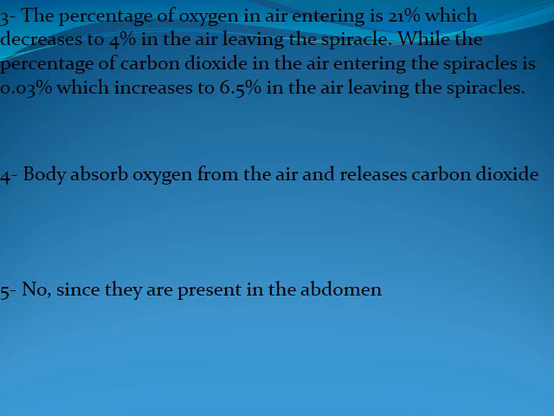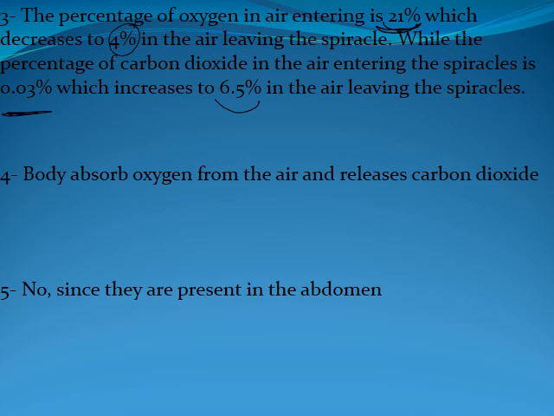Regarding the analysis, the percentage of oxygen in air entering is 21%, which decreases to reach 4% in the air leaving the spiracle, while the percentage of carbon dioxide in the air entering the spiracle is 0.03%, as we see in the table. This percent increases to reach 6.5% in the air leaving the spiracles.